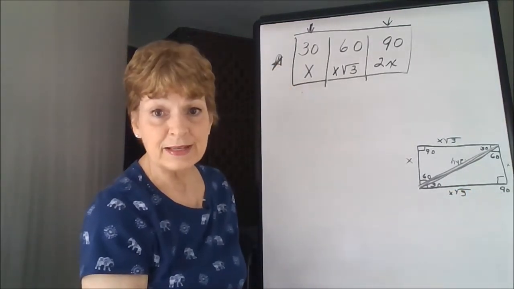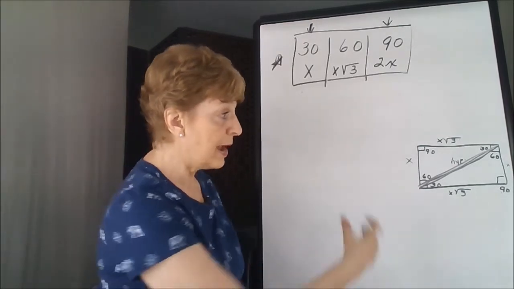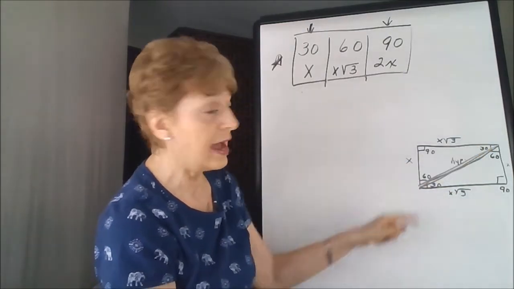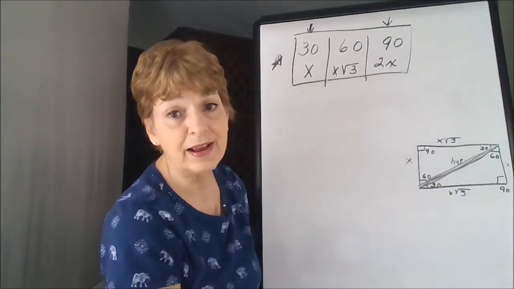So that might be a setup of a problem where they're talking about a rectangle that's actually cut with a diagonal. You'll get another 30, 60, 90 triangle out of that one.